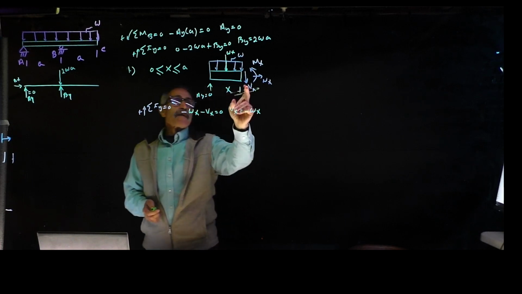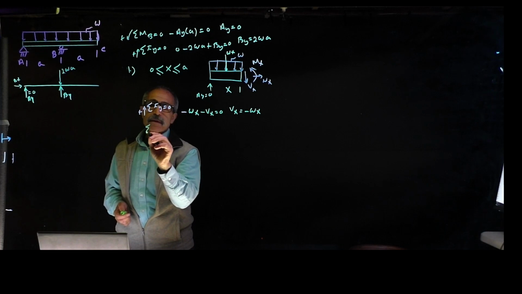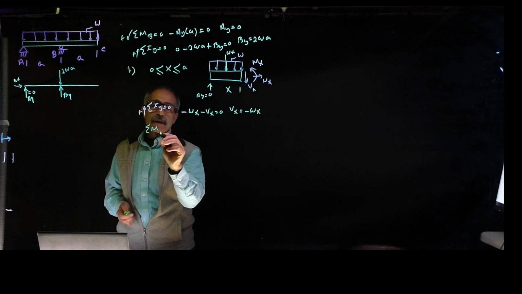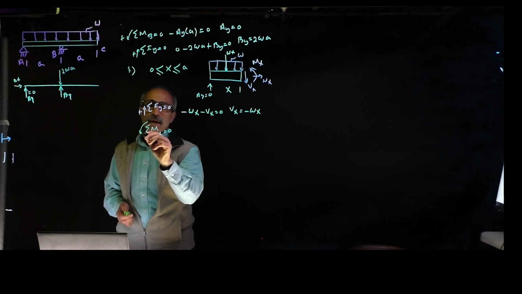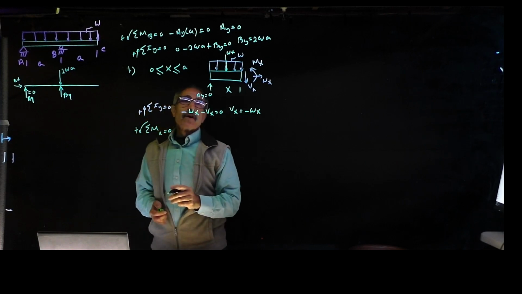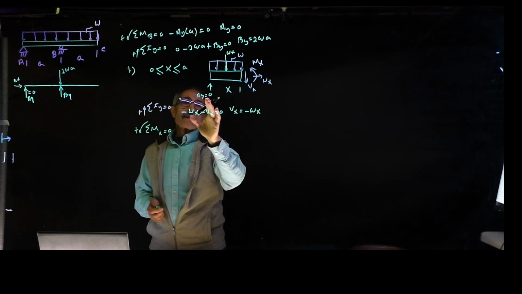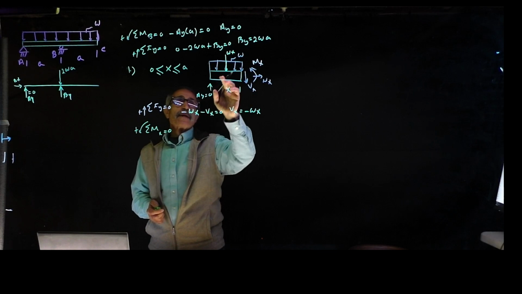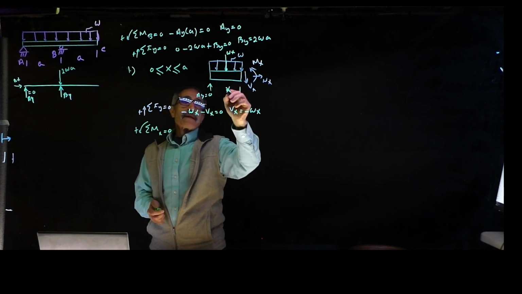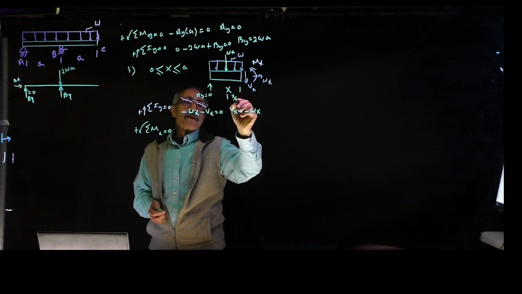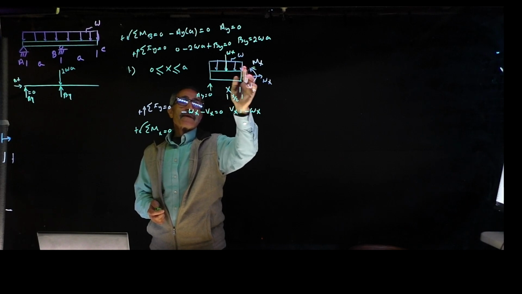And then I'm going to take the summation of moments about that point of x, equal to 0. Counterclockwise is positive. That's 0, so that can't take a moment. The next moment is x divided by 2, that distance from the center of this.